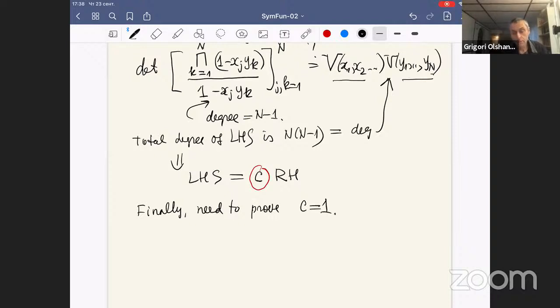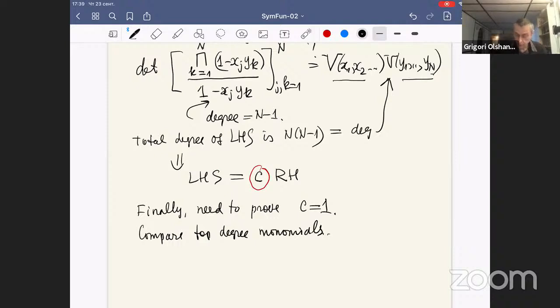And again, the trick is very general. Just compare the higher degree term with respect to the lexicographic order. On the left and on the right, compare top degree monomials.